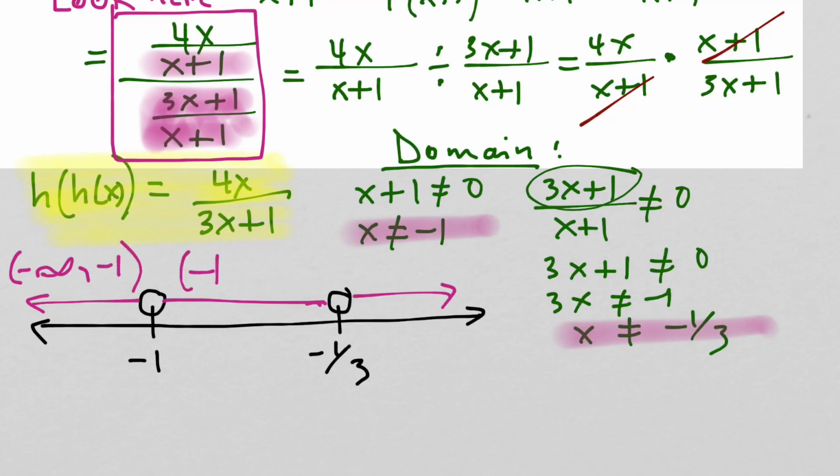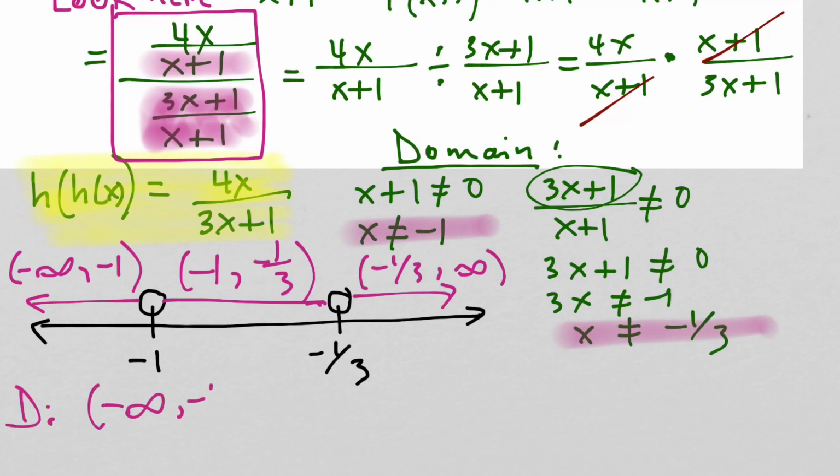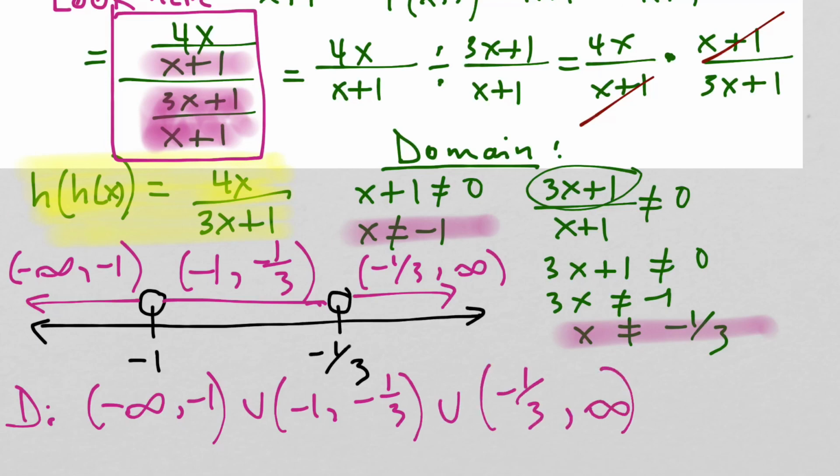Here, negative 1, negative 1/3. And here, negative 1/3, comma, infinity. So let's write that in interval notation. That's our domain with union symbols: 1 piece, 2 piece, 3 piece. And that's how you write your domain.